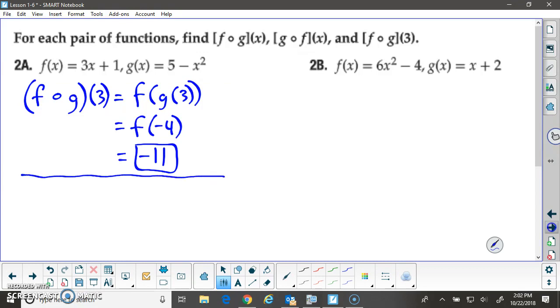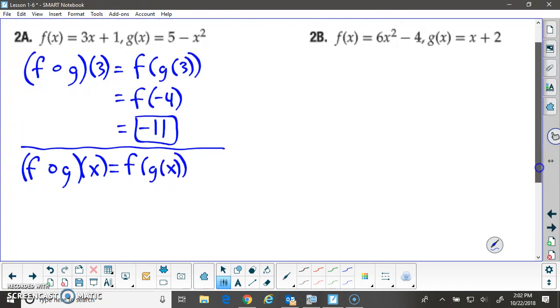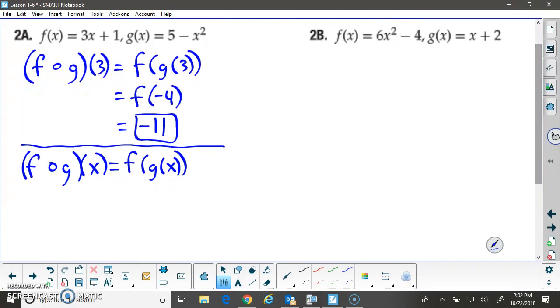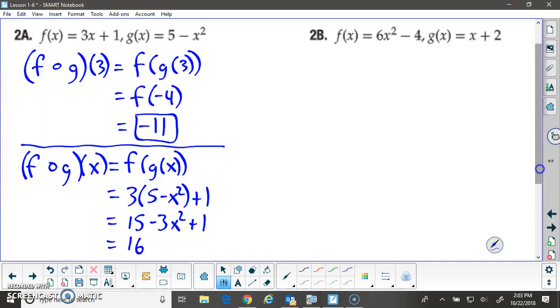Next thing we'll find is f of g of x. Again, what that means is take g of x, put it inside f of x. If we were to do that, we would have something like this. Simplifying would give us 15 minus 3x squared plus 1, which would give us 16 minus 3x squared.